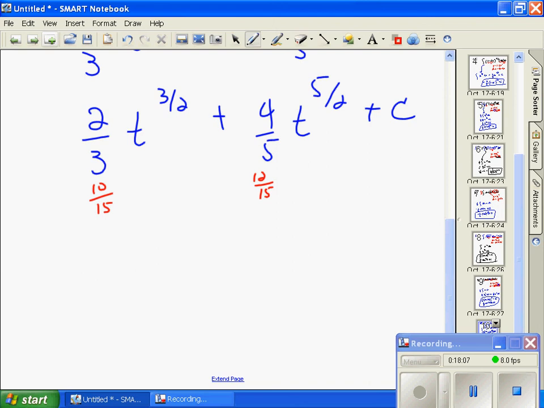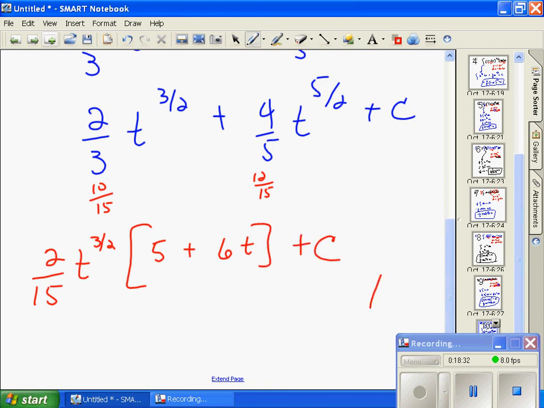So if I look at that, bringing out my greatest common factor as a fraction, wouldn't that be a 2 out of 15? And my lowest exponent of t would be t to the 3/2. So what do I have left? I would have 5 here. I would have 6t here plus c.